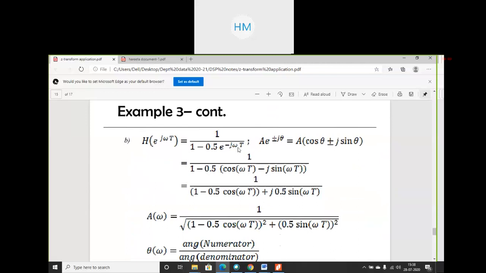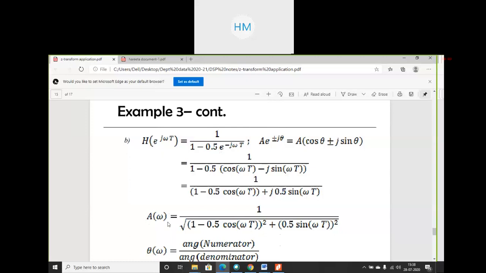Next, e to the power j omega t is to be substituted, as we all know, e to the power j theta is cos theta plus j sin theta. Clear? So this e to the power j omega t is replaced by cos omega and sin omega, because to find the frequency response I have to find the magnitude of H of omega and its angle. Here I have split this.